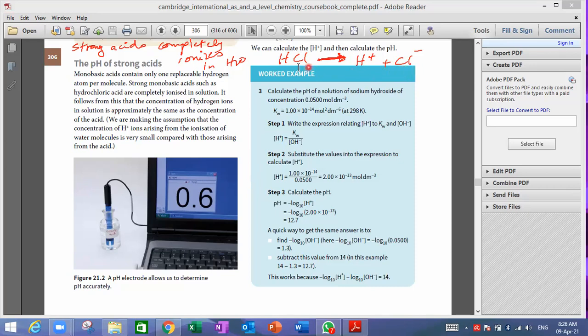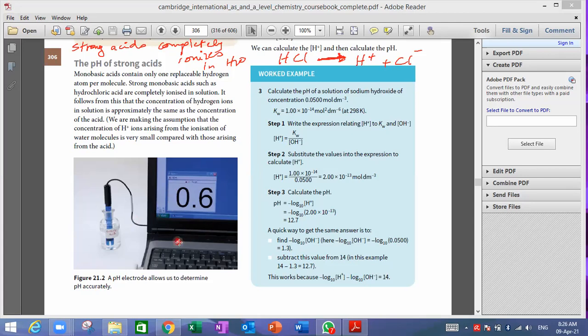Okay, so if we have a strong acid and we want to calculate its pH, of course, we can use a device called a pH meter. The pH meter is connected to an electrode that we just put in the solution that we want to measure, and read the value on our device.